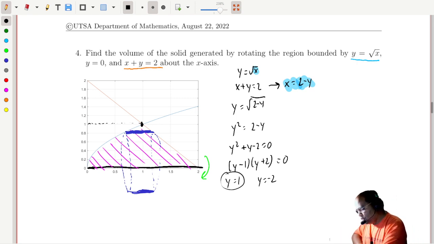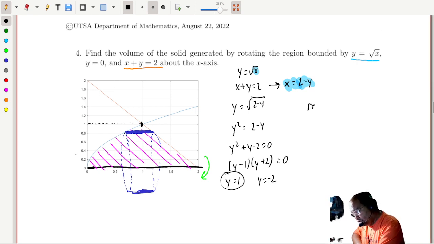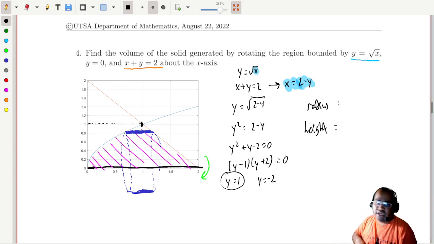Now let's get the shell radius and shell height. Once again, shell radius and shell height combine both the top minus bottom and right minus left principles. Once you've drawn your picture, you have all your pieces. Take the time to draw a picture, or use a graphing utility to get a nice one.